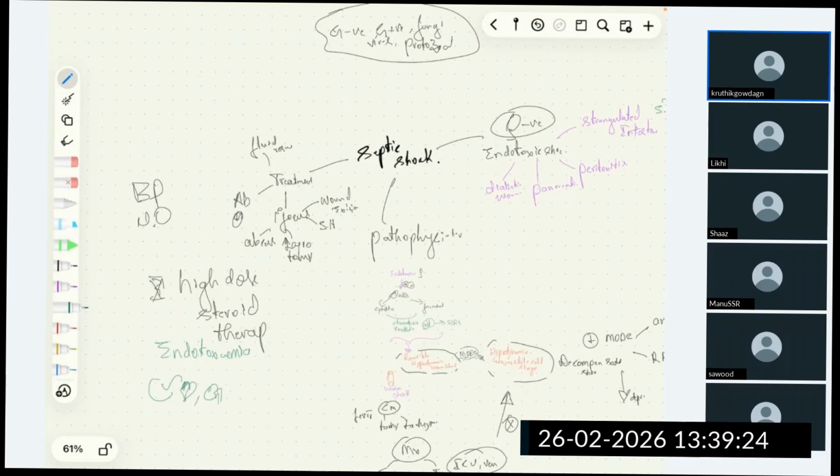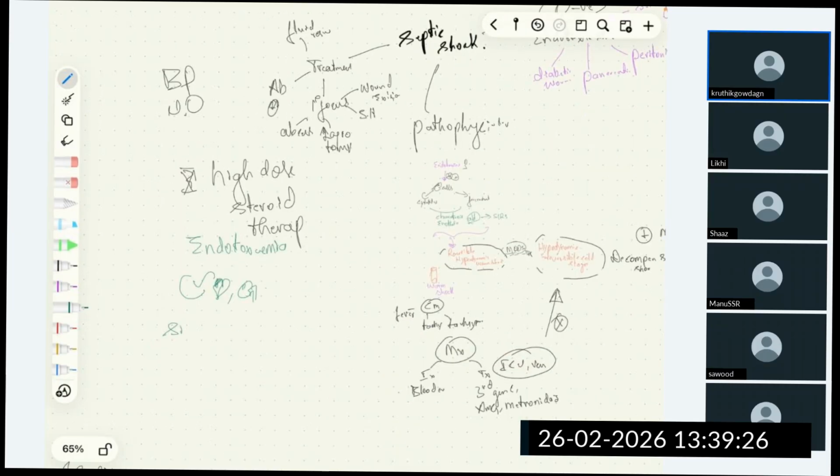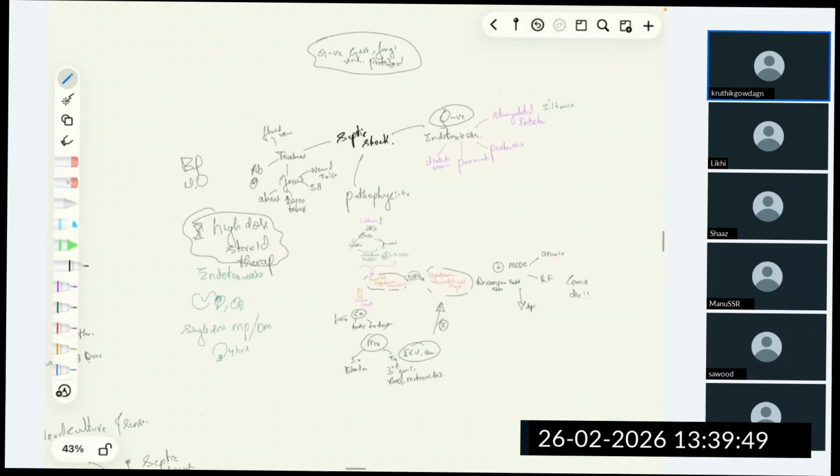What we are giving here, please note, is a single dose of methylprednisolone or dexamethasone, which may be repeated again after 4 hours, and it is said to be effective in case of shock secondary to endotoxins released by gram-negative bacteria.